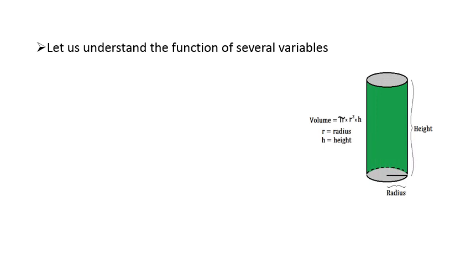Consider a cylindrical drum. We know that the volume of a cylinder V equals pi r squared h, where r is the radius of the cylinder and h is the height of the cylinder. The volume depends on radius and height. If we change the radius, there is no change in height.